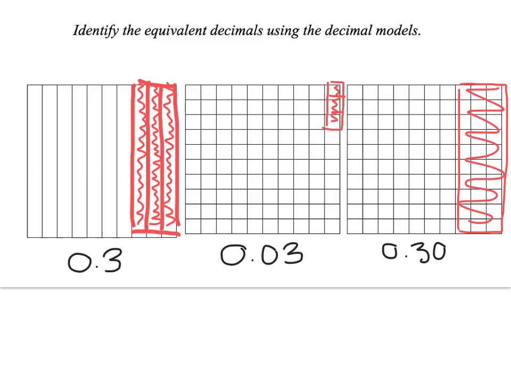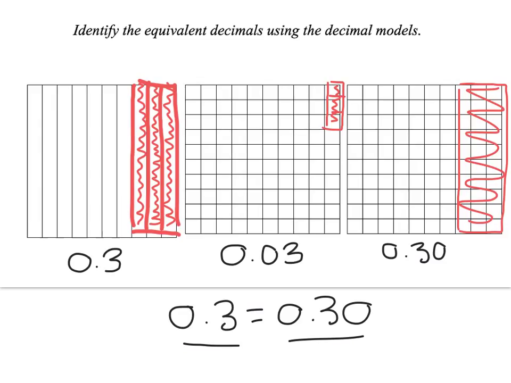If you'll look at this third figure and compare it to the first figure, you may see that they are actually equivalent. So despite the fact that these two numbers are different, they are actually going to be considered equivalent decimals. Now I want you to start looking for a pattern here. 3/10 is equal to 30 hundredths.